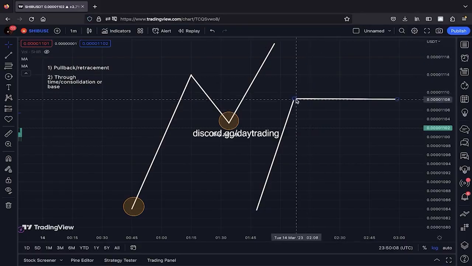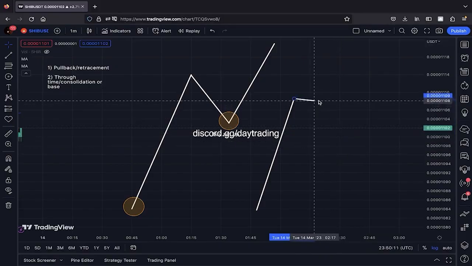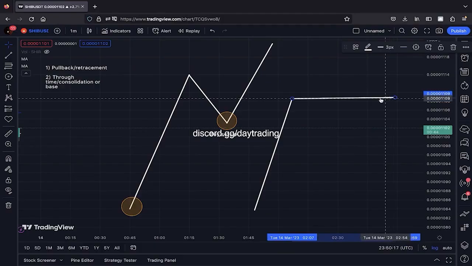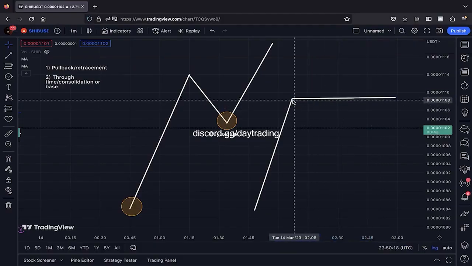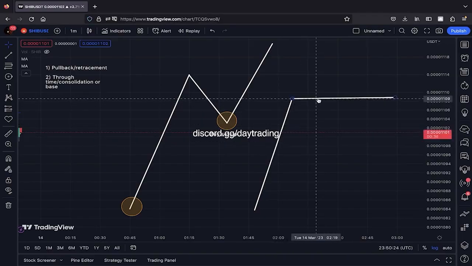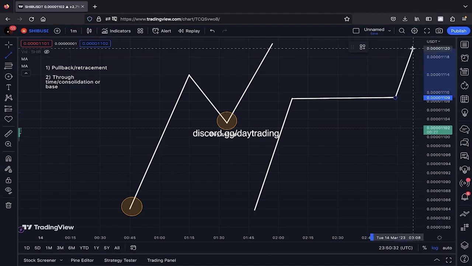And there's also not enough sellers to cause it to pull back. So instead, we just sort of base, we just sort of stay in this price range, right? Where we don't have enough buyers to bring it higher, but we also don't have enough sellers to bring it down. So we end up just consolidating or staying near the top of this base, right? Before we inevitably continue higher.